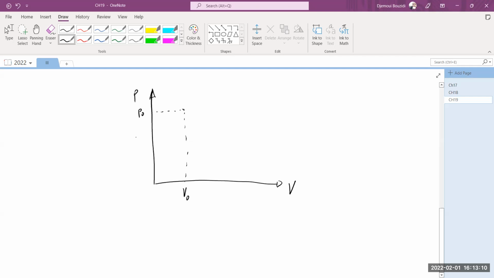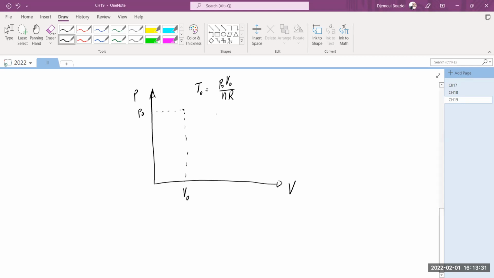So you're wondering what is the value of the temperature? I can tell you the value of the temperature at this point is just given by T naught equals P naught V naught over NR. R is constant, N is assumed to be fixed, the number of moles. So if I know P naught and V naught, I already know the temperature, given that I'm dealing with an ideal gas.